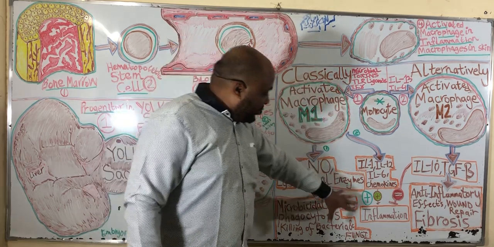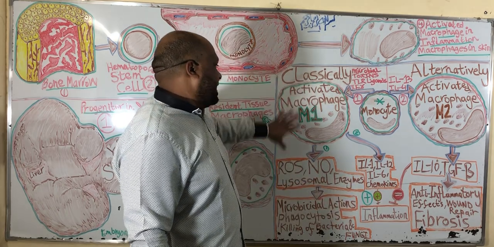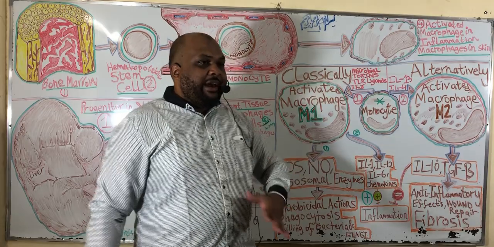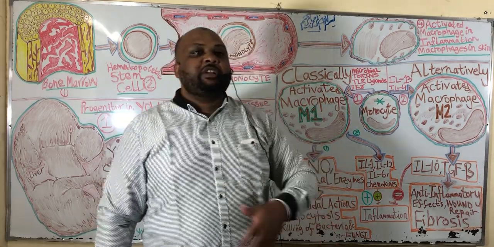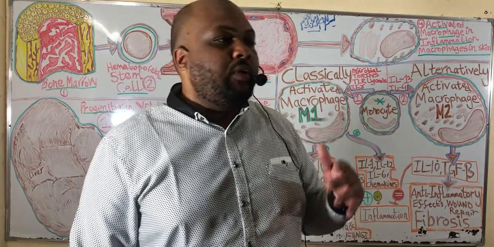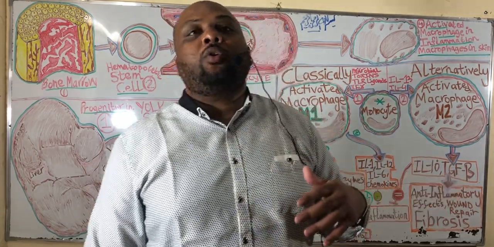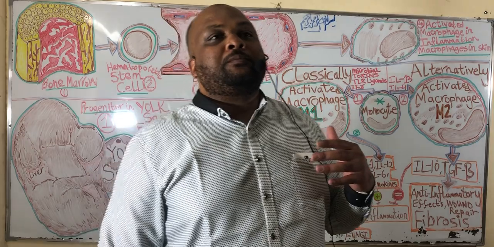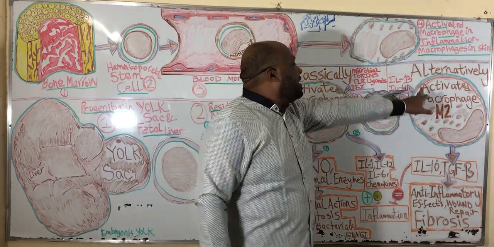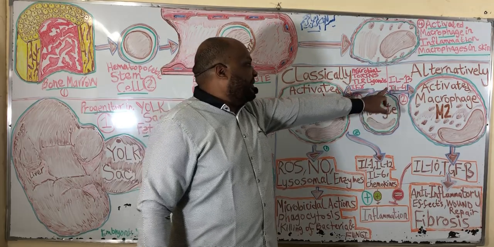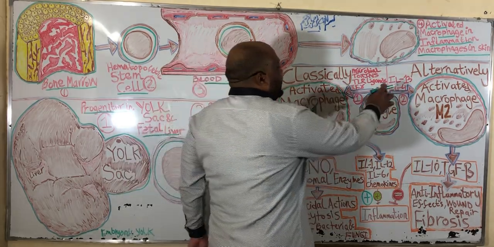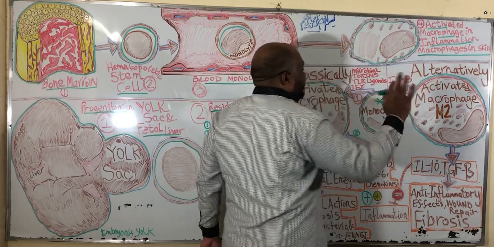Which pathway is pro-inflammatory? It is the classically activated pathway. However, once the fight is over and the macrophage has destroyed potentially most or all of the necrotic debris, all the necrotic tissue, and all of the invading microbes, now a different series of cytokines will be released by the macrophage. And these cytokines will be interleukin 13 and interleukin 4.